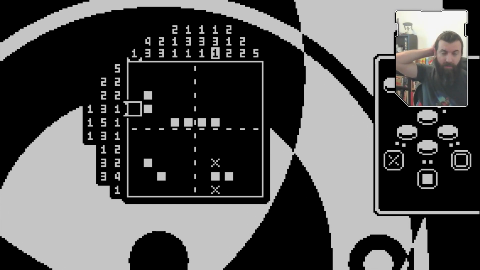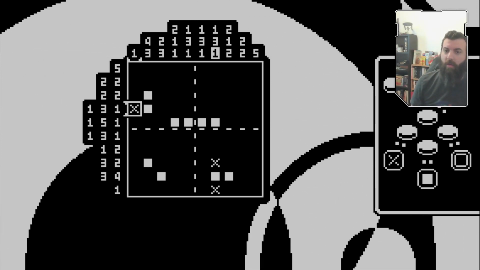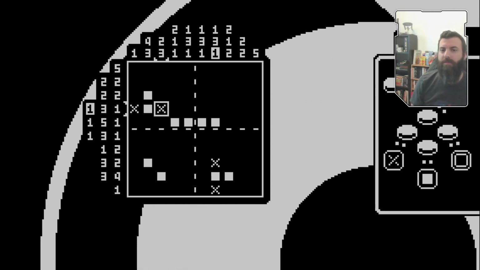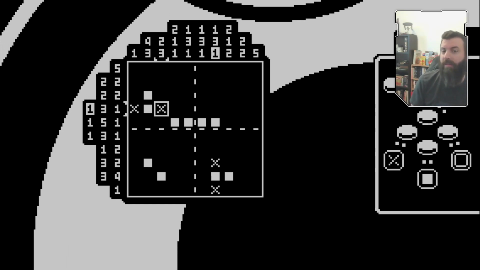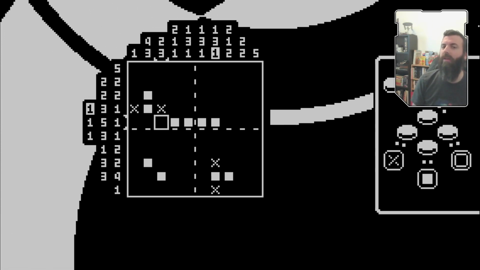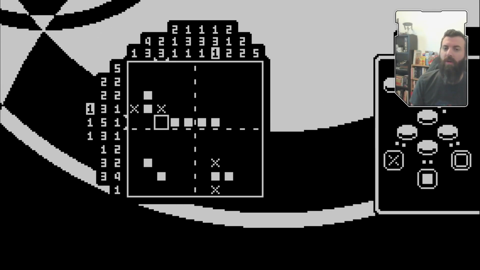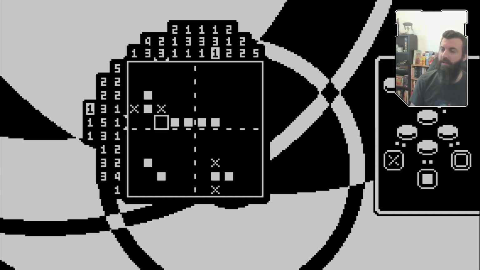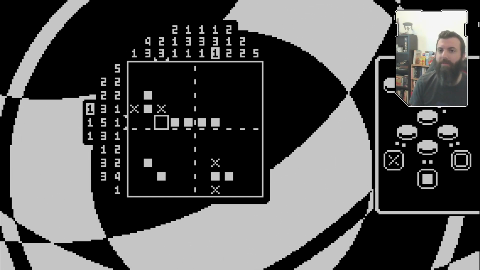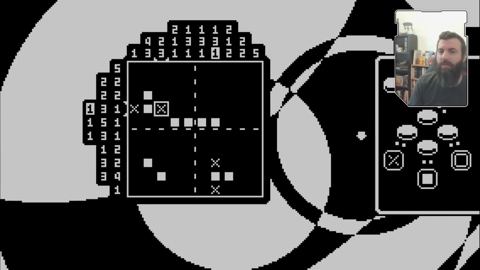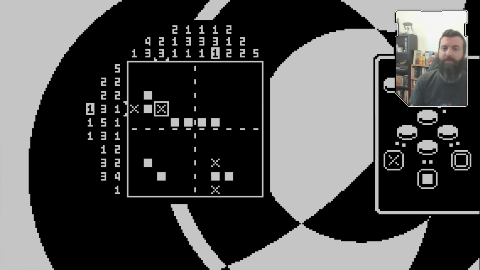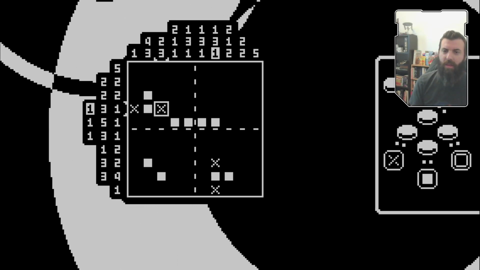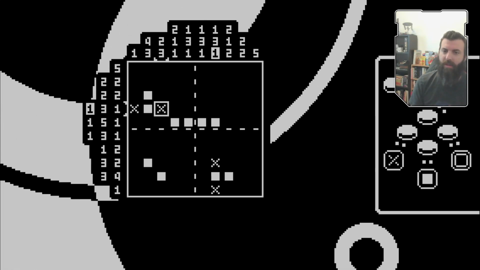Here's something that we can infer. We've got a 1 3 1 horizontally, so this has to be a 1. That gives us something, but again, we've got the situation here where it could be 1 2 space 1 3. Just don't know if this pixel, which sucks for us, but it is what it is. So at this point, I think we have to guess.